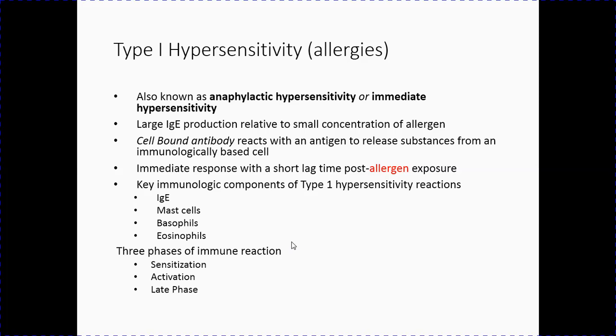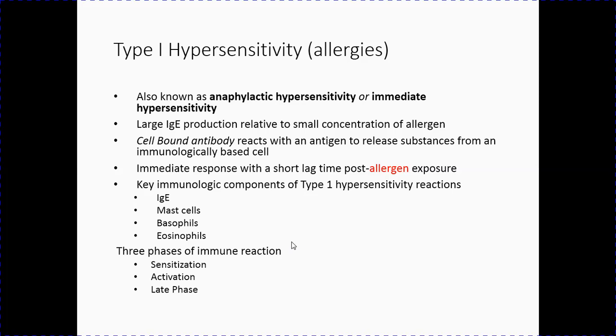So it's really an exaggerated response. We're going to see in the type 1 hypersensitivity reactions that it's a cell-bound antibody that reacts with antigen to release those mediators from either mast cells or basophils primarily. Other immunologic cells can be involved, but for the sake of argument, let's now talk about mast cells and basophils.